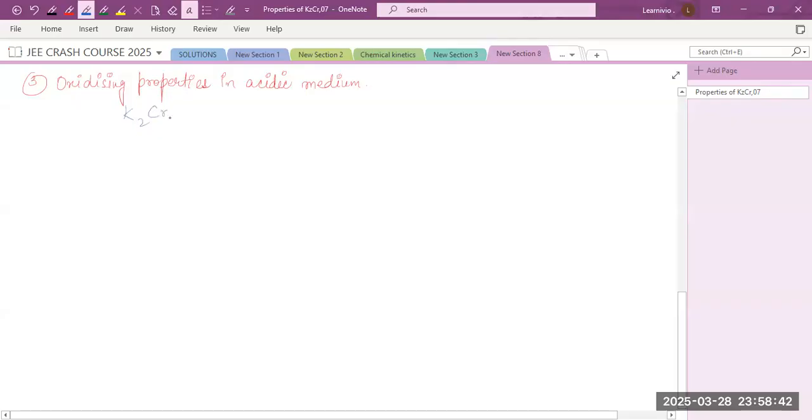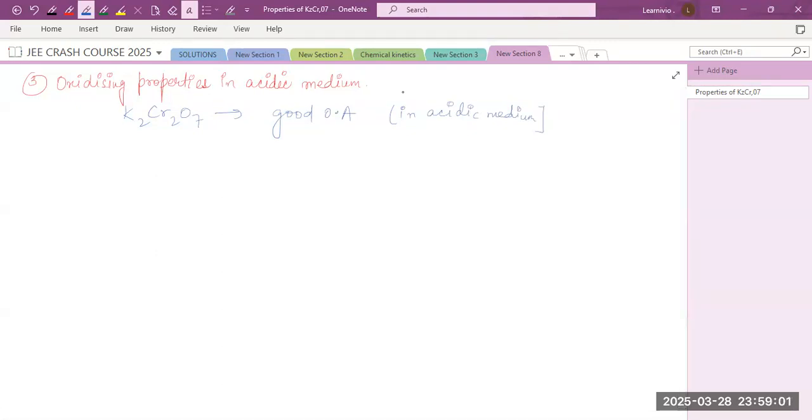K2Cr2O7 acts as a good oxidizing agent in acidic medium, and it basically oxidizes iodides, sulfides, iron, nitrites, etc. Okay, just remember that it is a good oxidizing agent.